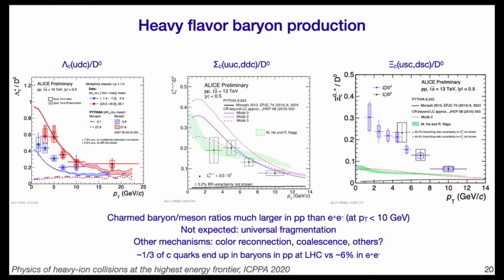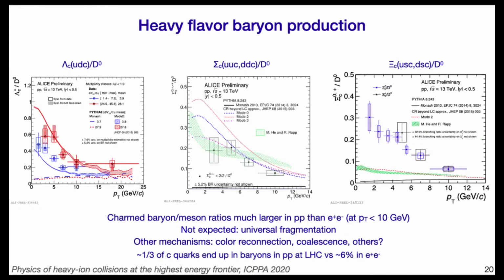The basic observation that we've been making for a while now is that the Lambda_c to D ratio, so the baryon to meson ratio in proton-proton collisions, is much larger than it was in e+e-. So there is some effect even in proton-proton collisions that enhances the baryon production at moderate to low pT, so below 10 or so GeV, which is the left half of the plots.